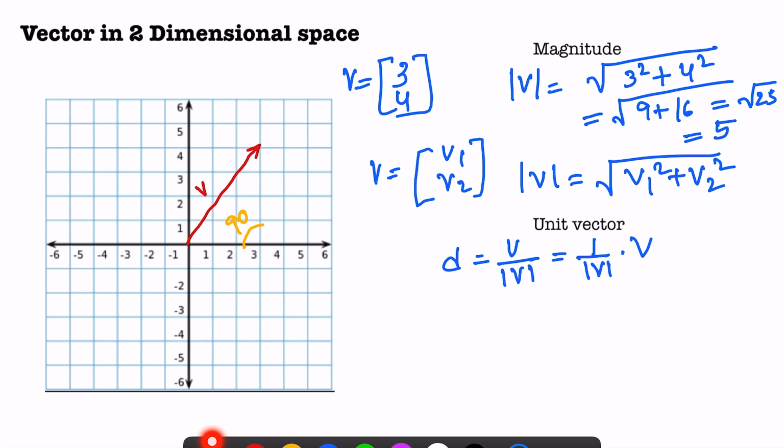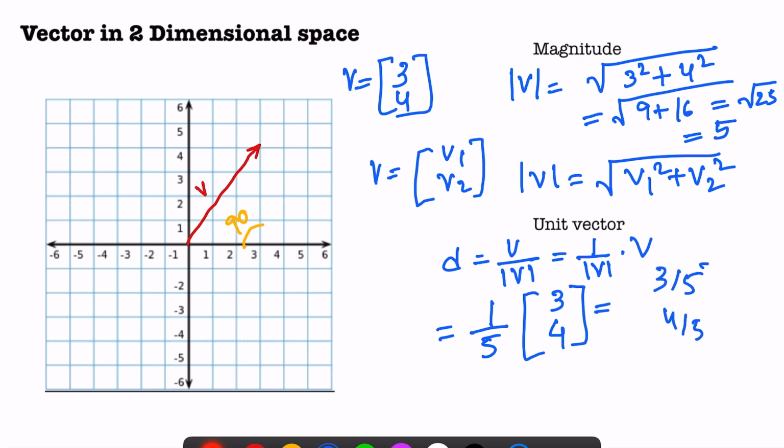So this is a scalar multiplication. And for this vector here, let's try to write the unit vector. It will be 1 over 5 multiplied by 3, 4, right? So the vector is 3 by 5, 4 by 5.